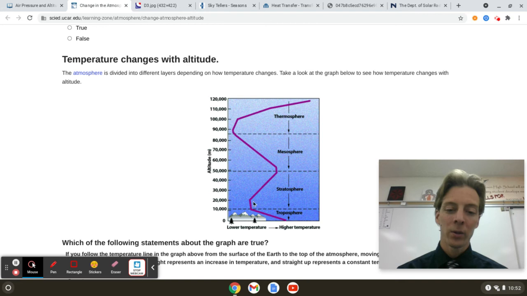So the stratosphere is warming. As you go up, you get more and more UV light. Now, notice that it does not get as warm as it was when you started down here at sea level. It's still colder, but it is getting warmer.